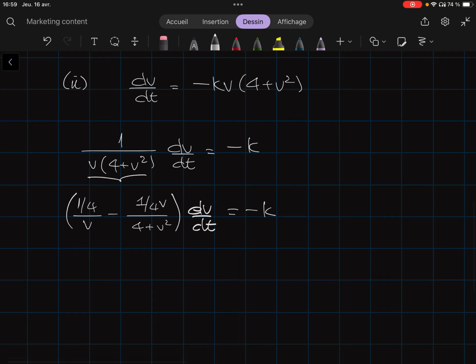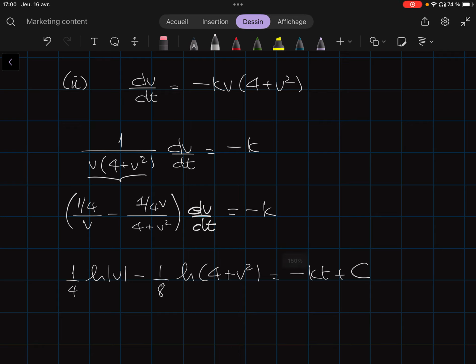Integrate both sides. Be very careful with the second term. On the right-hand side, you will get negative kt plus c.